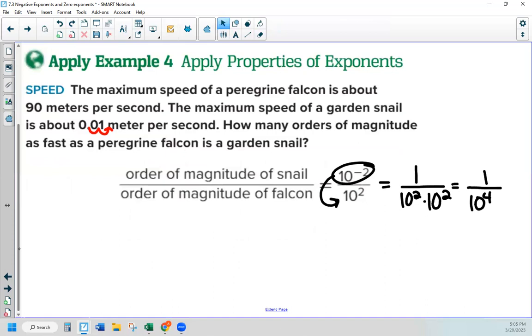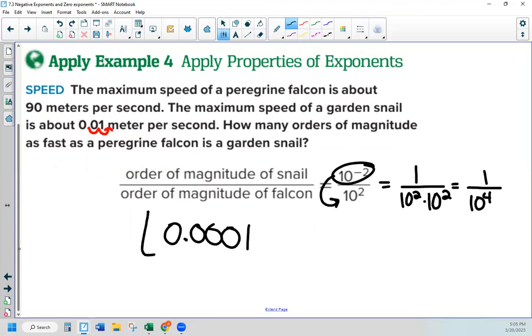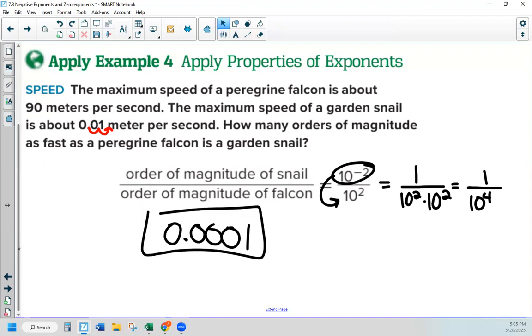If you put this in your calculator, 1 divided by 10 to the power of 4, we actually have our answer of 0.123, right? This right here is how fast a snail is compared to the Falcon. 1, 2, 3. Ooh, yeah, beautiful.